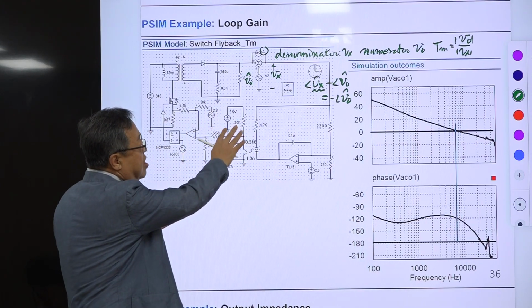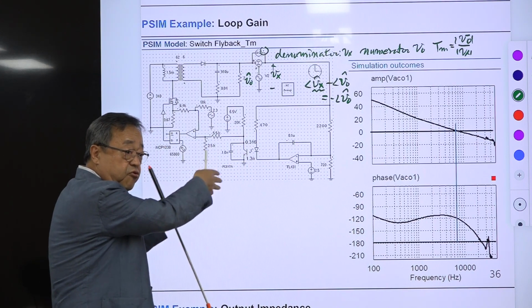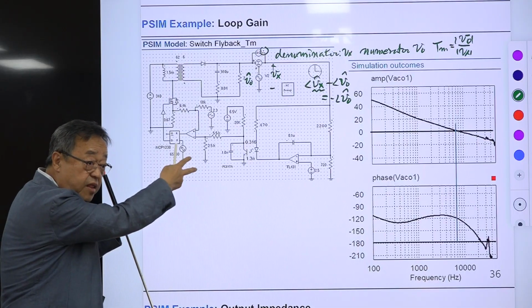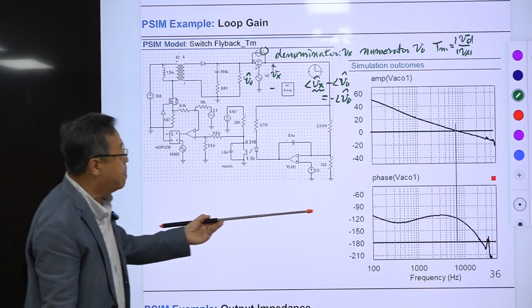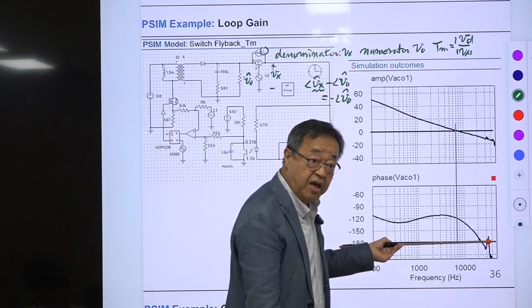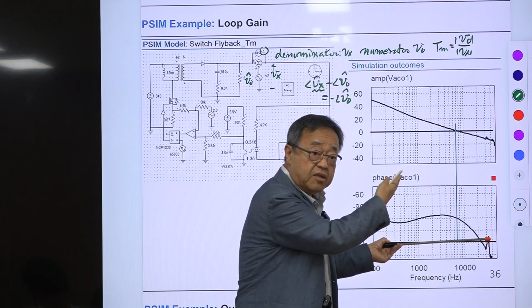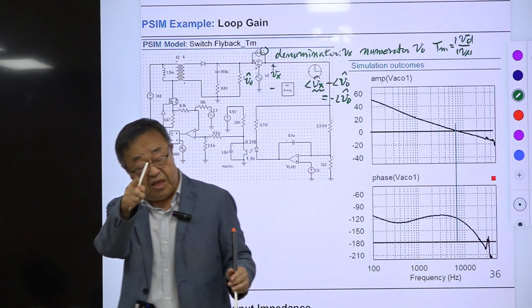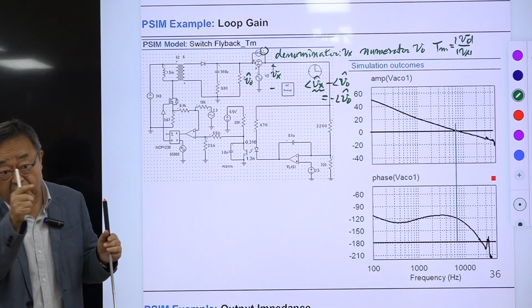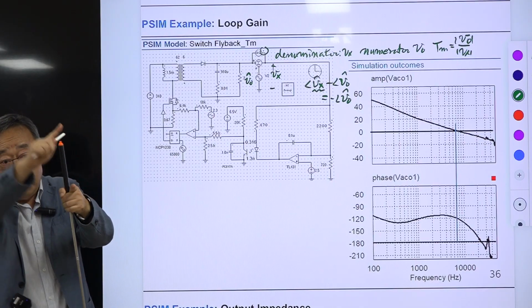Actually, this is good. It cancels the negative feedback feature of this scheme, this loop gain, right? So if the phase is minus 180 degrees, and you consider the negative feedback, then the phase becomes 360 degrees negative. There is just one complete circulation of this.